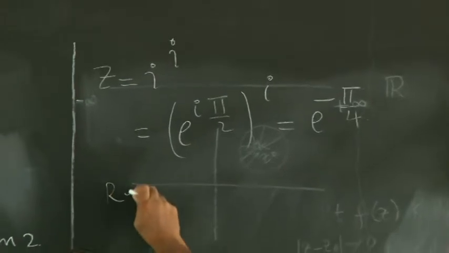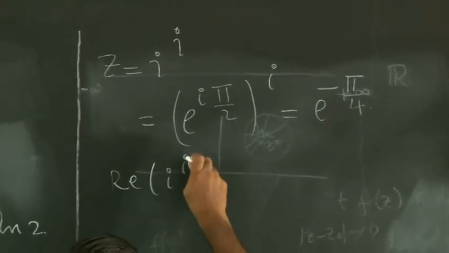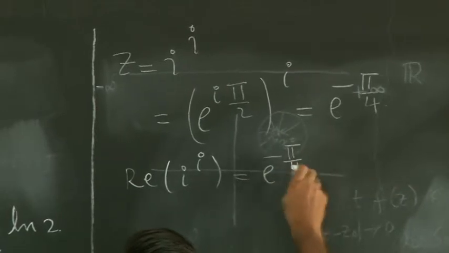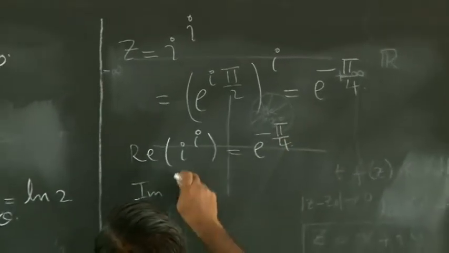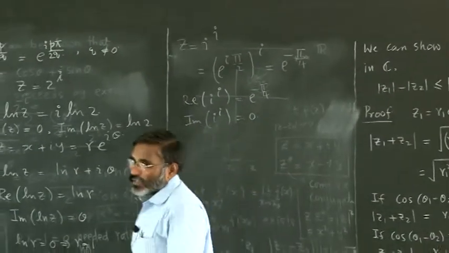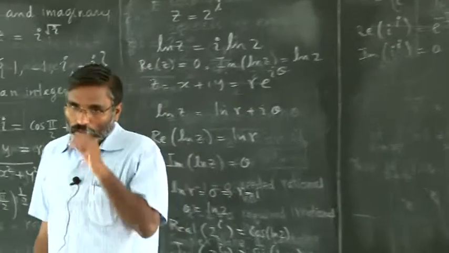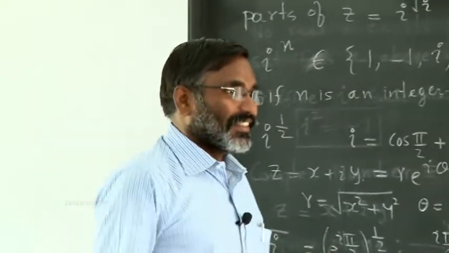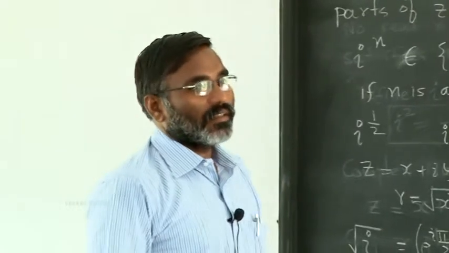So real part of I power I is e power minus pi by 2. And imaginary part of I to the power I? So I power I is a real number. Maybe it's not expected. So I to the power I is a real number.